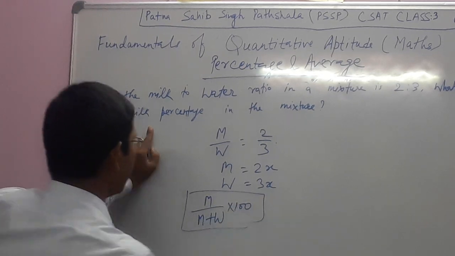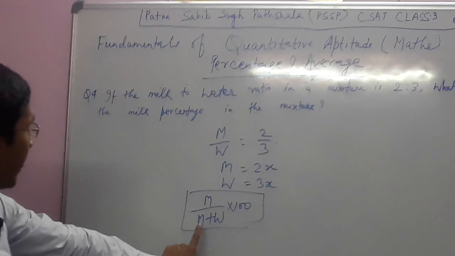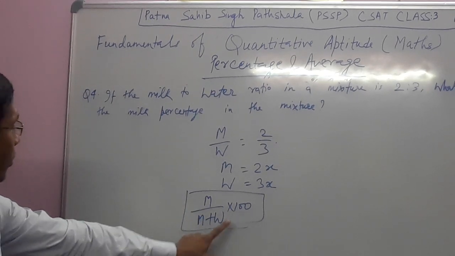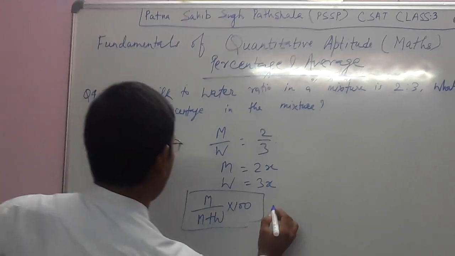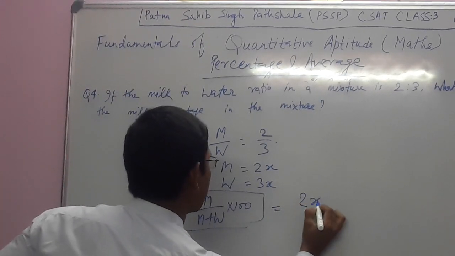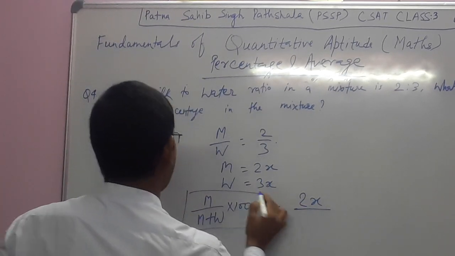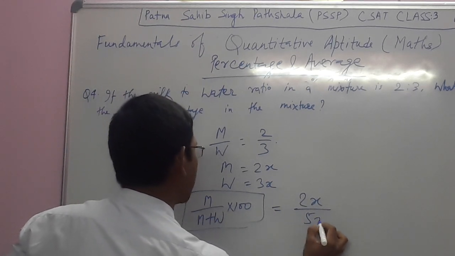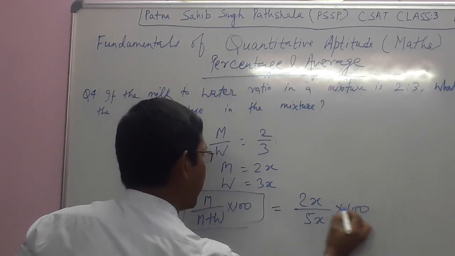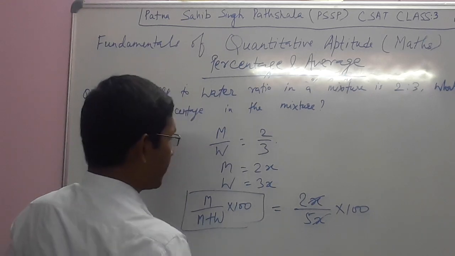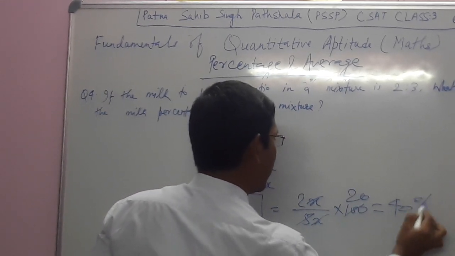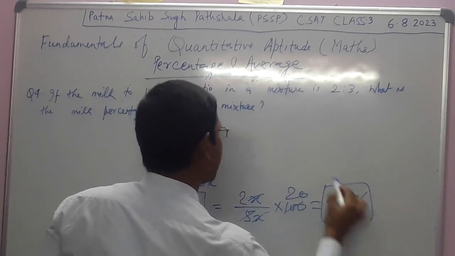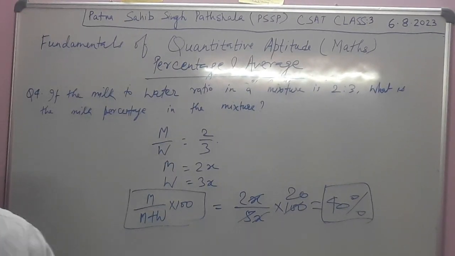This is the milk percentage: total mixture and how much milk is present in that mixture, into 100. It means 2x divided by milk plus water, which is 5x, into 100. That gives 40%. It means milk is 40% in the mixture.